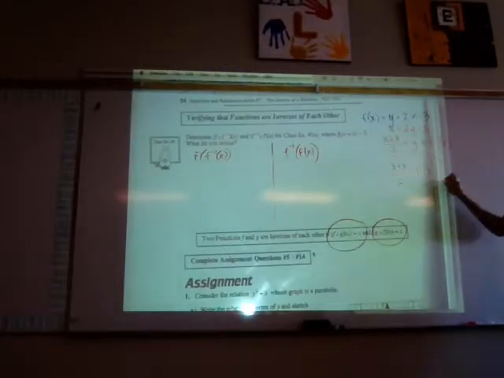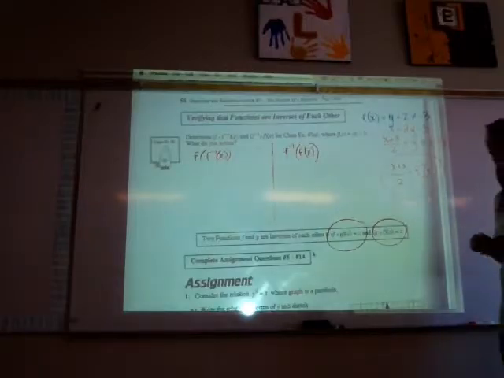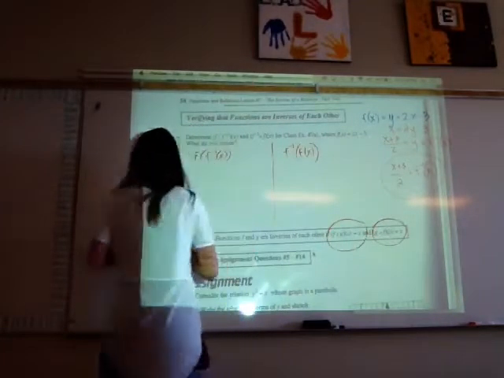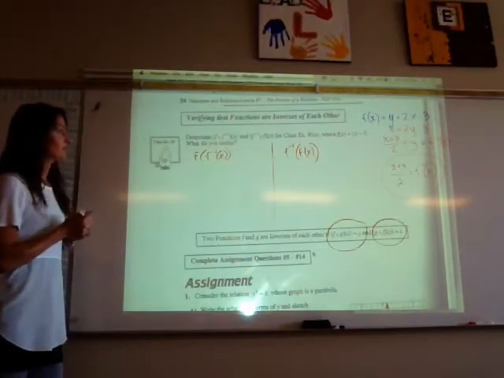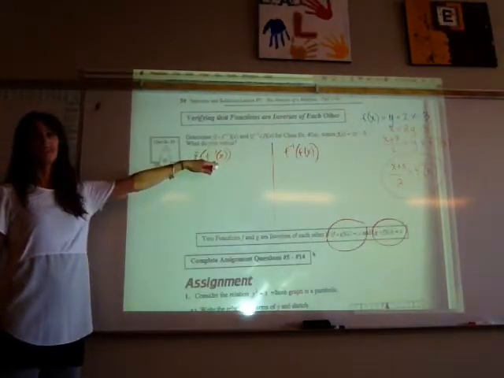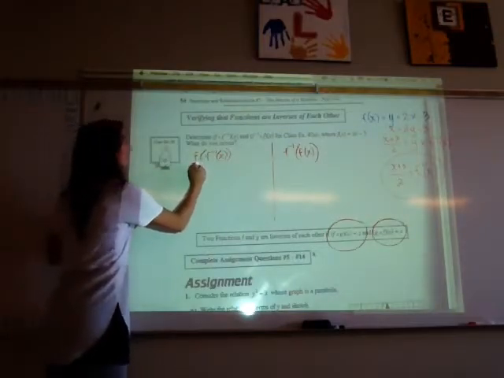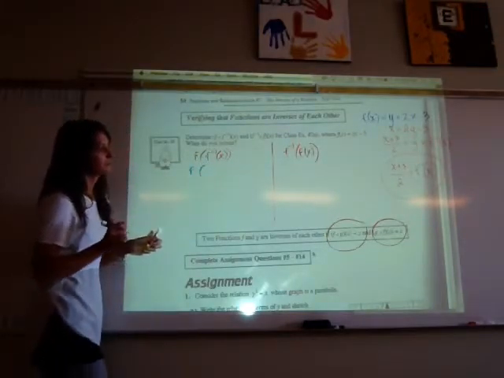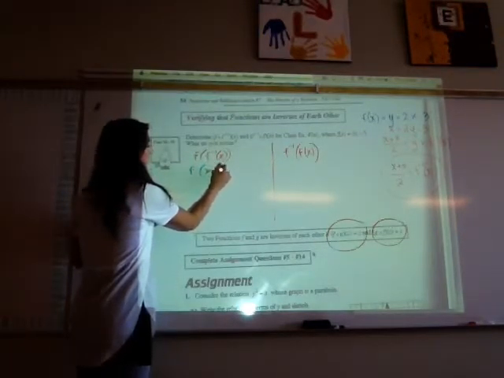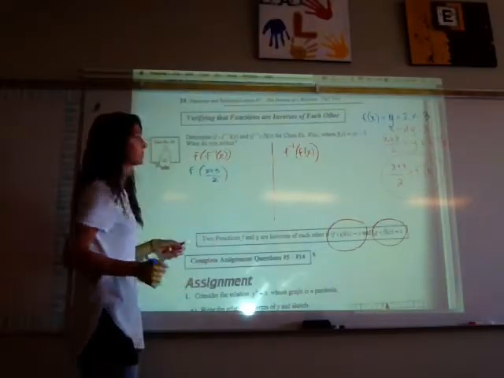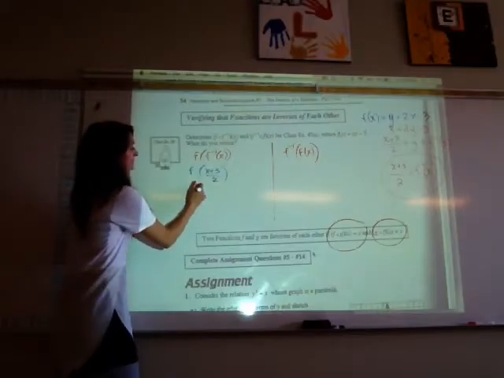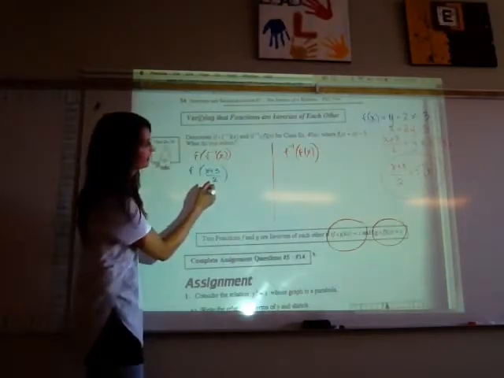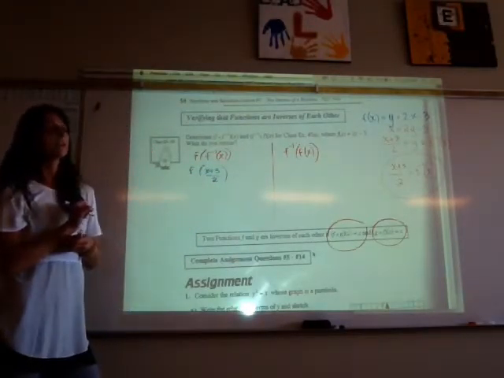So now that we have the inverse, it's a little bit easier to do these compositions. So the first one is f of the inverse of f of x. So what was the inverse of f of x? It was x plus 3 over 2. That is going to replace every x in the function f. So the function f of x is described as 2x minus 3.